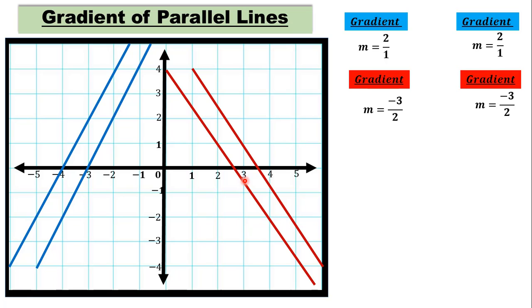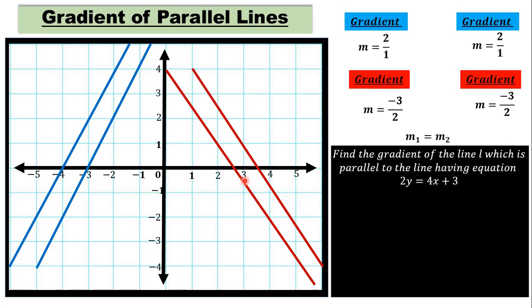The point, students, that I want to make here is, if you have two lines going side by side in the same direction, or simply they are parallel to one another, they share the same gradient. To better understand the concept, let us consider a simple example.